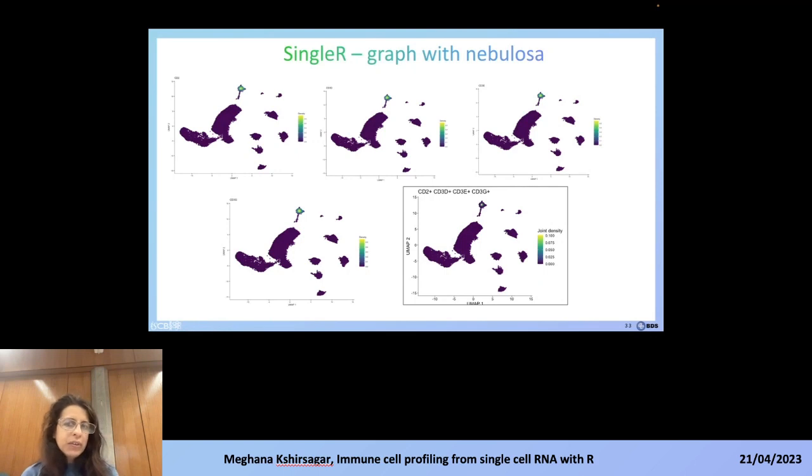What Nebulosa does is take care of what is missing in the UMAP and the t-SNE. If we give it the marker genes that we are interested in, it can combine all the marker genes of interest and show the density of the expression.